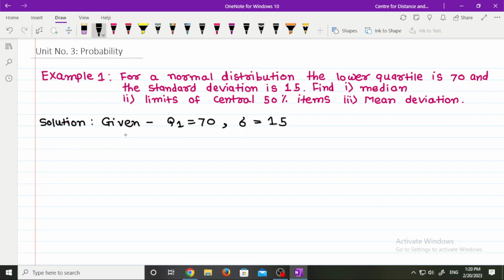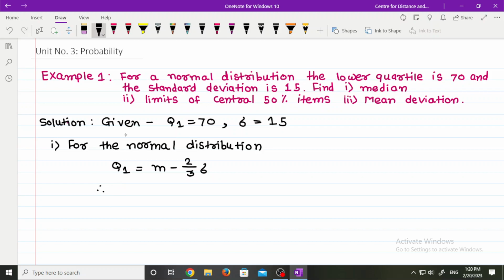Okay. Now we find first the median. For the normal distribution, Q1 is equal to, what is the formula for Q1? That is m minus 2 by 3 sigma. Now we know that the value of Q1 is 70. Here we have to find m.